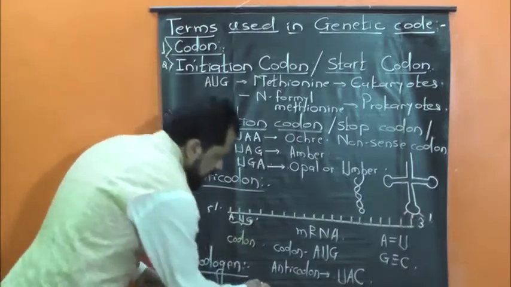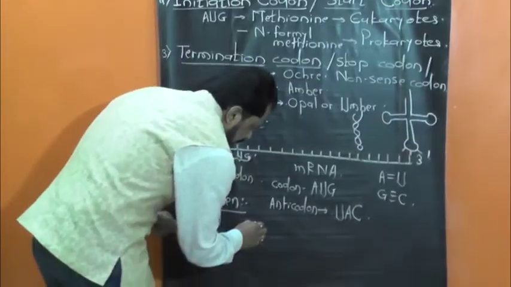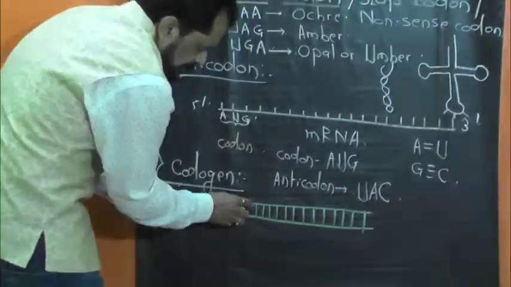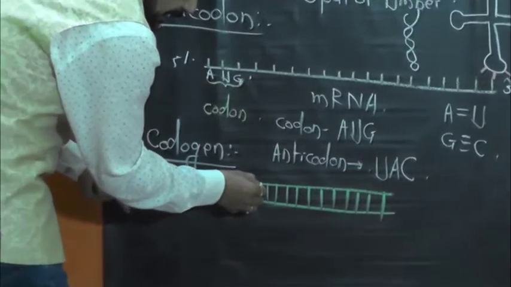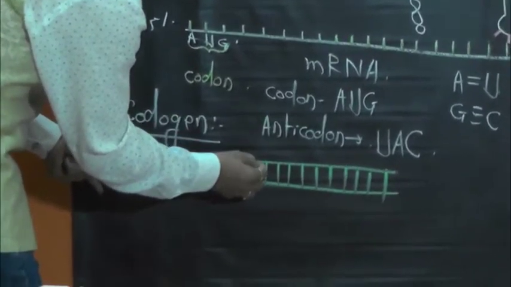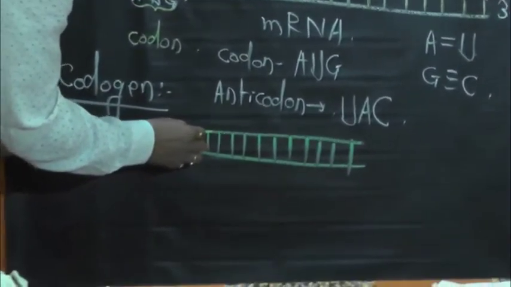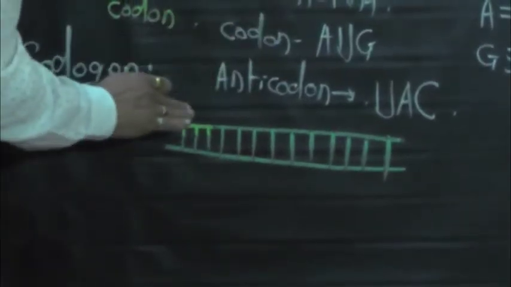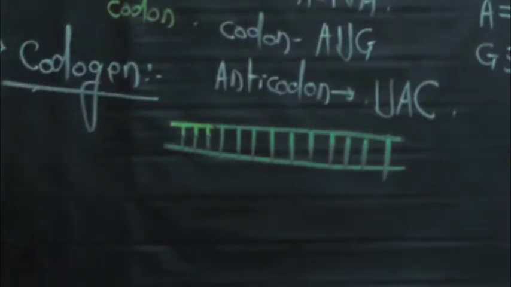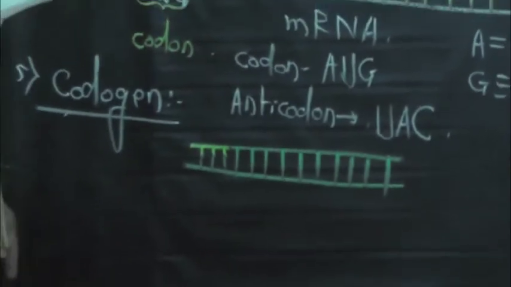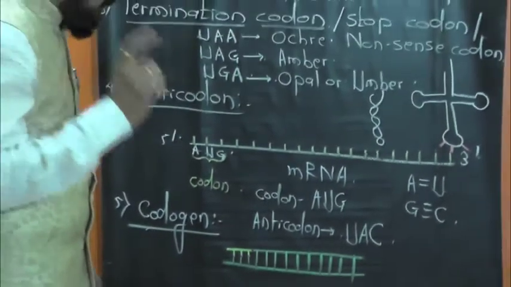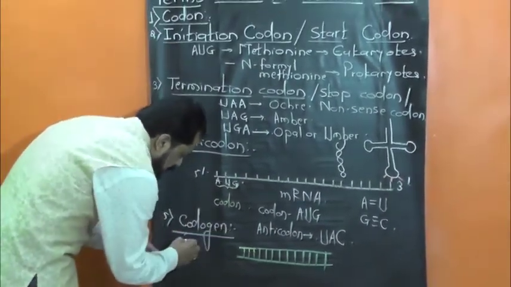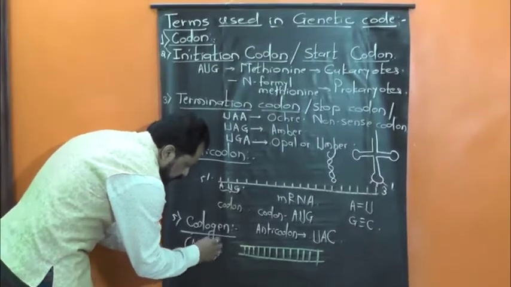Listen, suppose here is a double-stranded DNA. Consider this is the first nucleotide, second nucleotide, third nucleotide. Now this sequence of three nucleotides present on a strand of DNA which possesses information for a single amino acid is known as codogen. This codogen may be known as non-coding strand triplet.